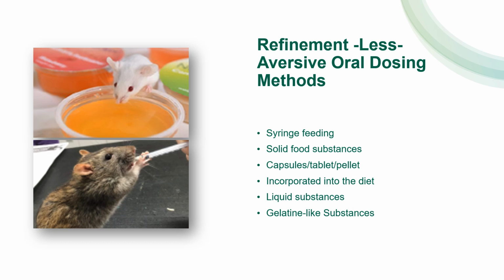Another example of refinement in animal research is the use of less averse methods for oral dosing. These methods reduce stress and discomfort associated with administering substances to animals.